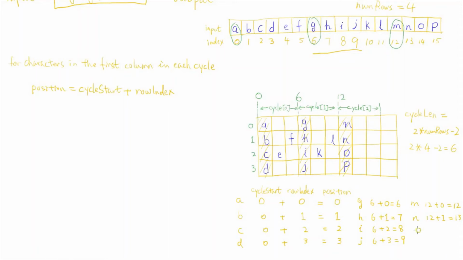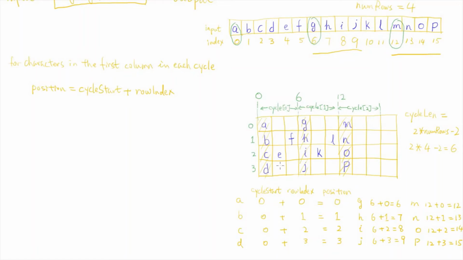O, 12 plus 2 equals 14. P, 12 plus 3 equals 15. The characters M, N, O, P are at positions 12 to 15 in the input string. We have examined all the characters in the first column of each cycle.